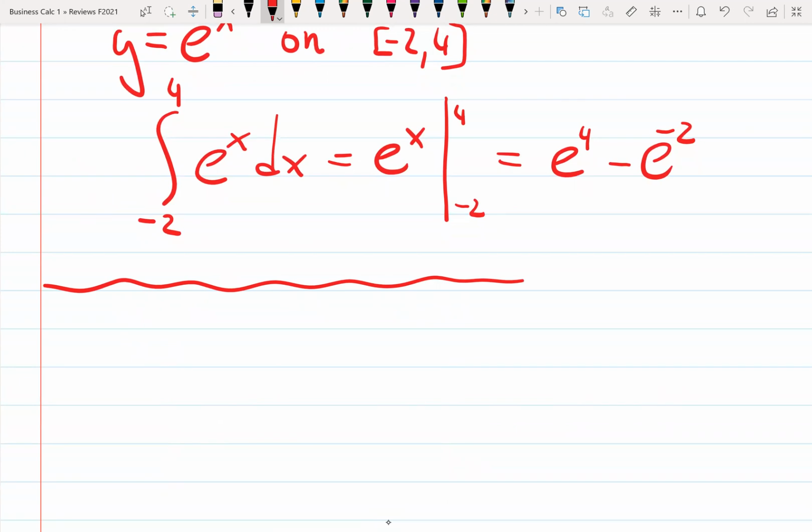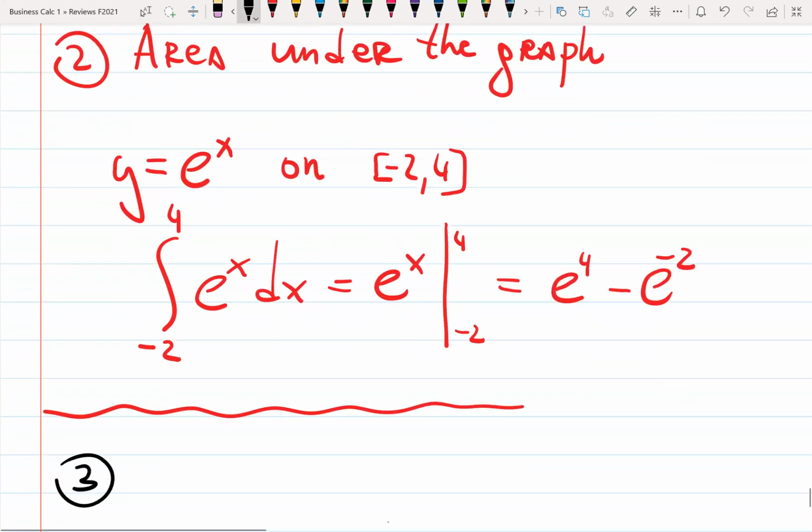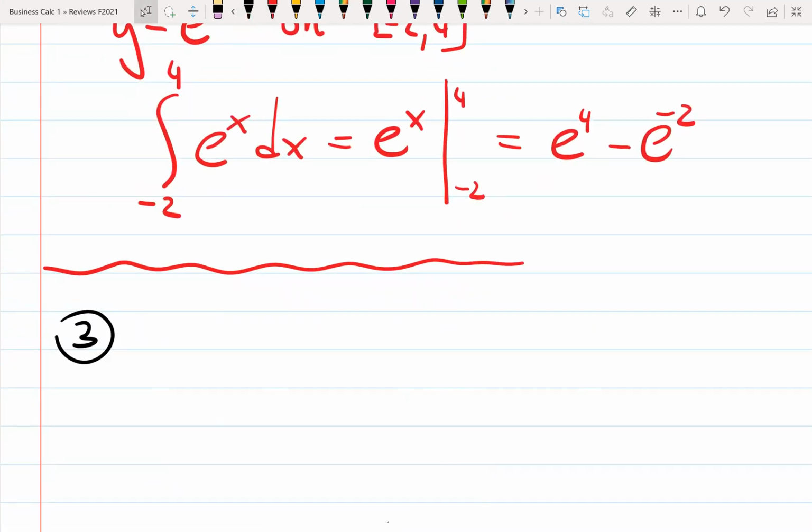Elasticity: elastic, unit elastic, or inelastic. Review this. I like this. I have videos on this if you want. So review number 3. What else to review? Review elasticity.